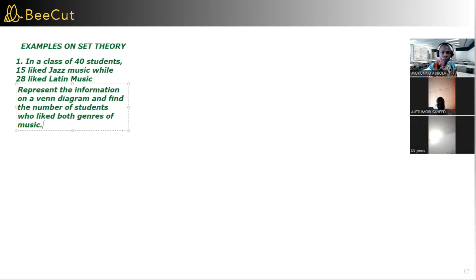That's an information, and the question is, represent the information on a Venn diagram and find the number of students who like both genres of music.